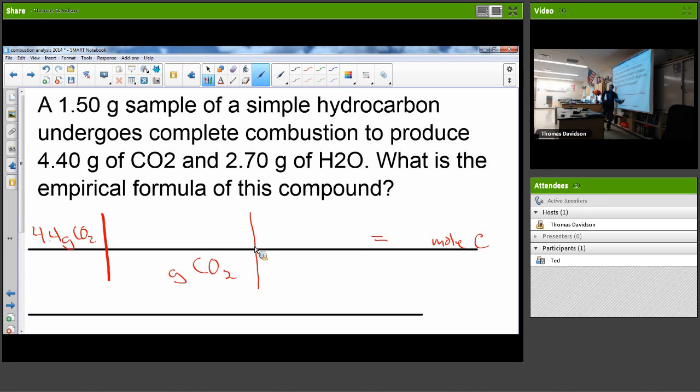So I have 16 times 2 plus 12 is 44 grams. And anytime I write a number from the periodic table, it's always going to be per 1 mole of the same thing. We learned that Friday. The numbers listed up there are grams per mole.